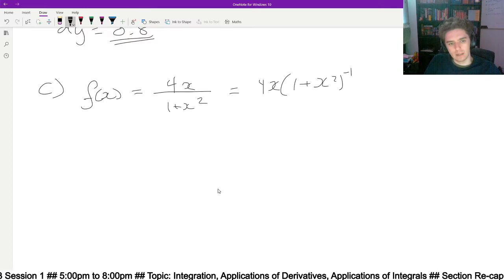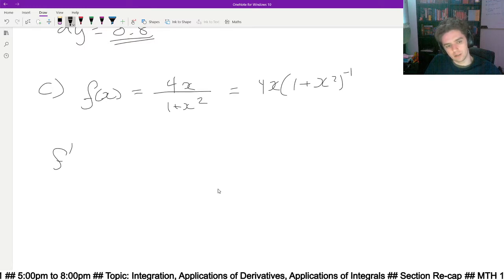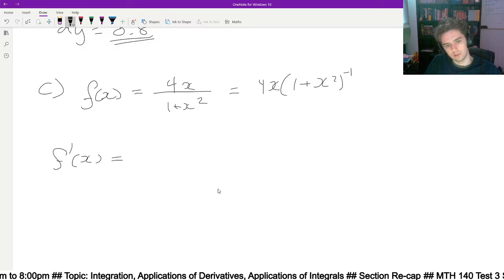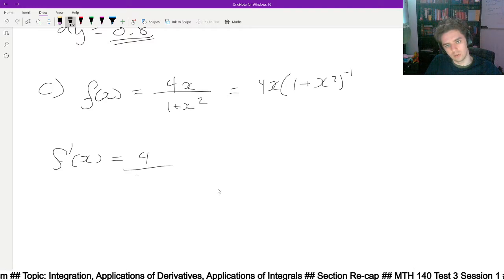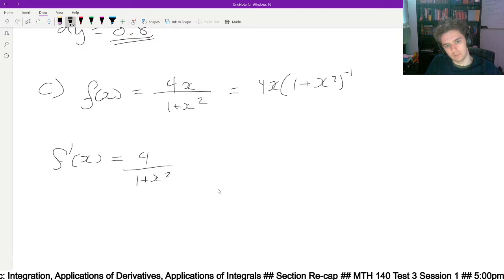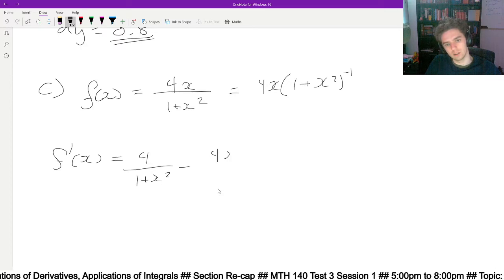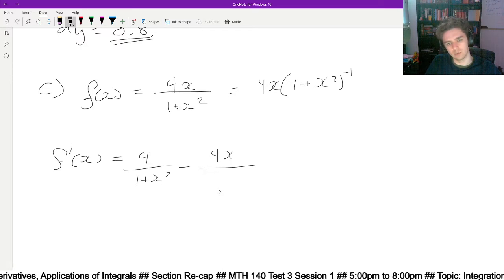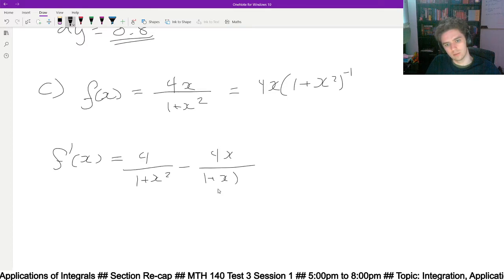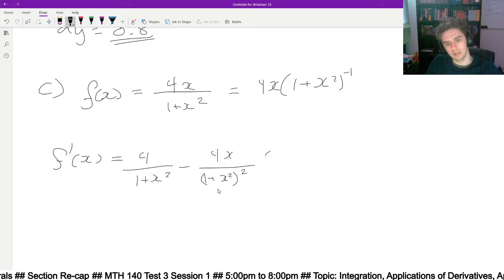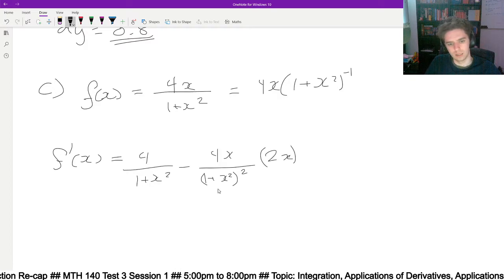So to figure out the critical points, I have to find the derivative, right? So the derivative of the first one is 4 over 1 plus x squared, plus the first one times the derivative of the second one, 1 plus x squared to the negative 2 times 2x, because of the derivative of the inside.